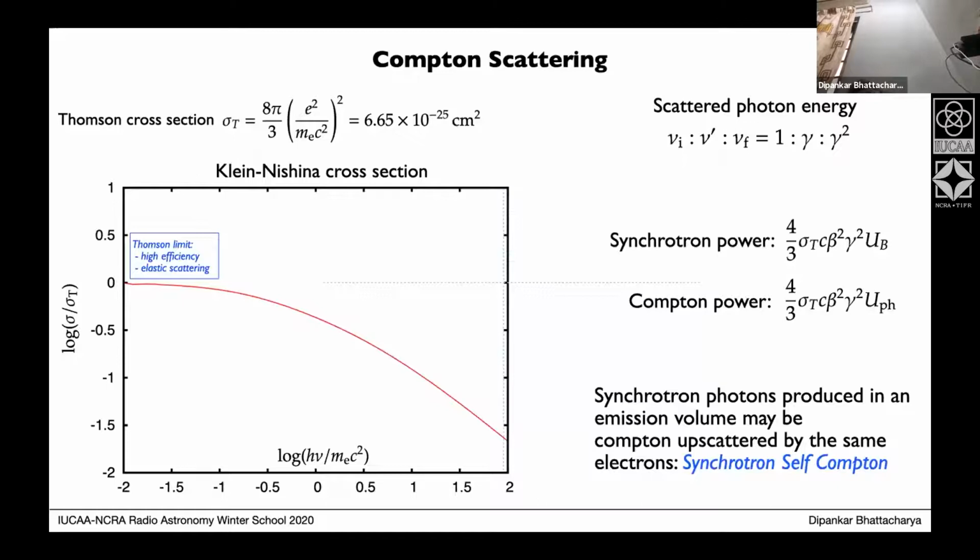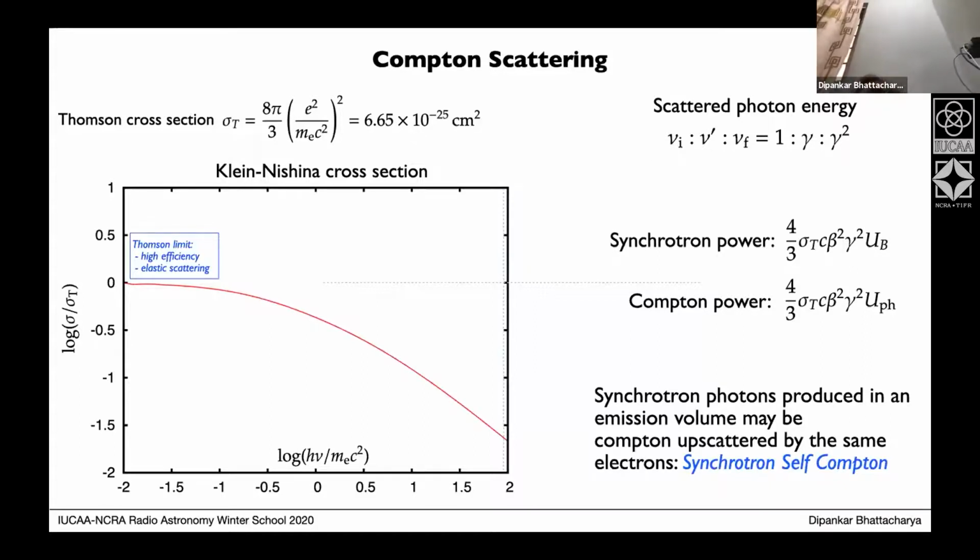So between nu prime and nu_f is another factor of gamma. Therefore, sitting in the lab frame, what we will see is that an electron of Lorentz factor gamma scattered a photon of frequency nu_i and produced a frequency nu_f, which is gamma squared times nu_i.